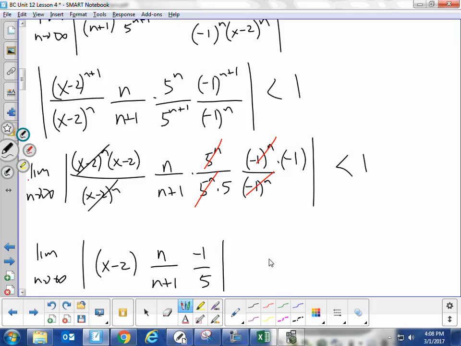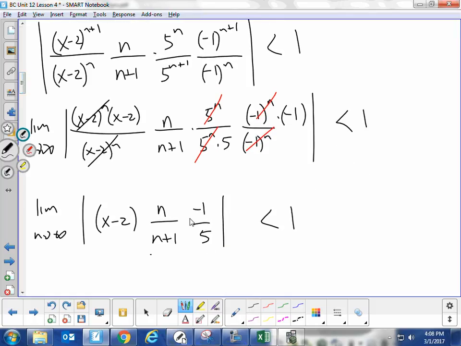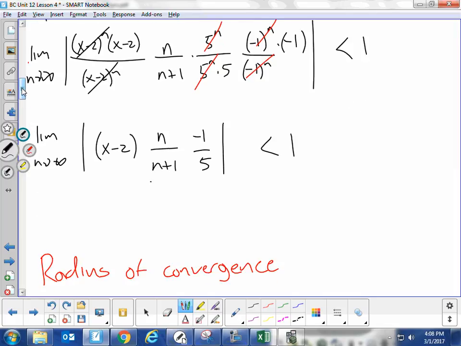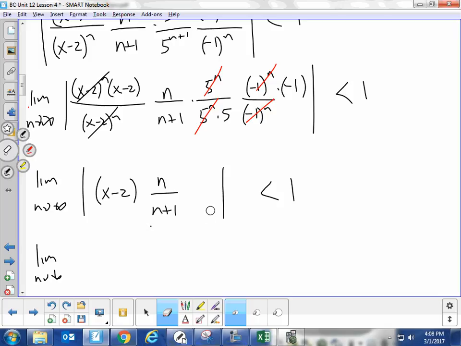Okay? Well, what I can do, and this is a property of absolute values, is I can just pull this negative 1/5, this constant, out, and this will become a positive 1/5. The limit as n approaches infinity, and I'll just say this pulls out to be a positive 1/5. So it's kind of like just getting rid of the negative, but it's a little bit more important here.